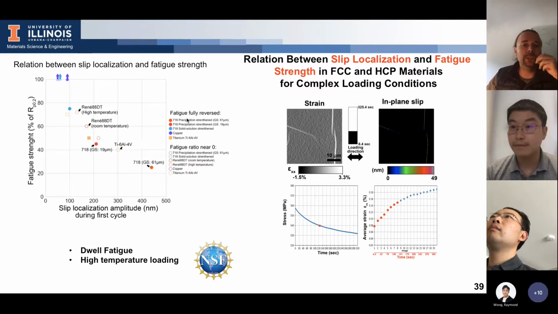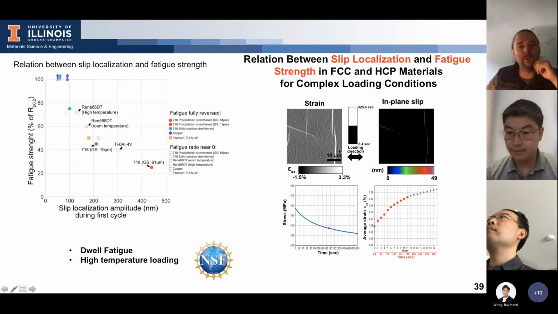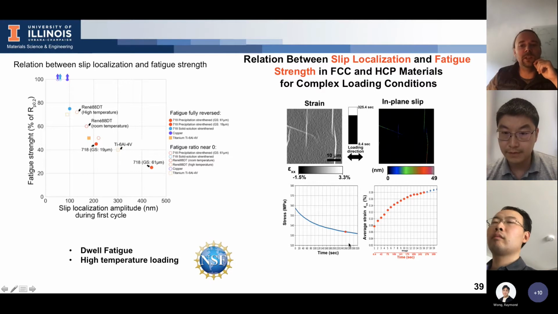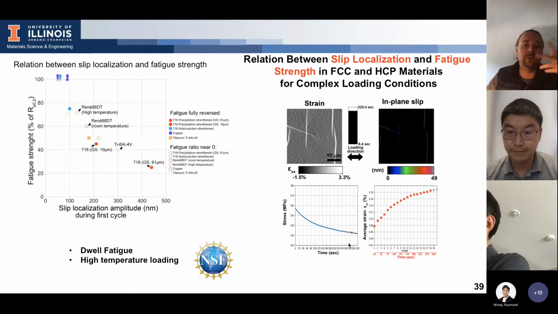So we did a first cycle where we just loaded and unloaded. We measured the extrusion, or we did high resolution DIC, and we quantified all the slip events. And we did the same with a hold, and here I just want to show you a small map of this. We were not exactly able to maintain the load because our stage is not that good, so we maintained the displacement. So we have both a relaxation and a creep.